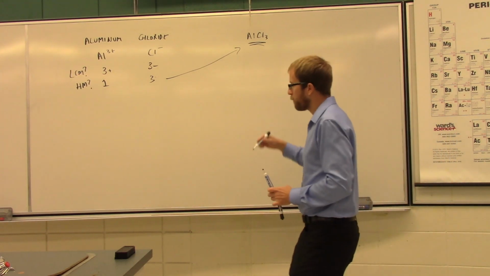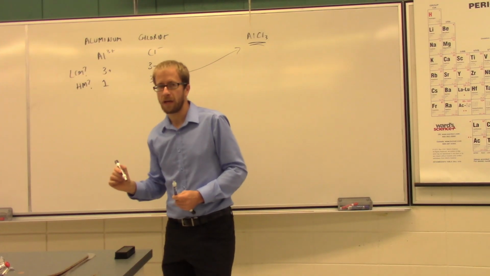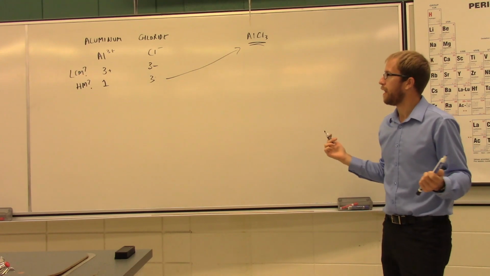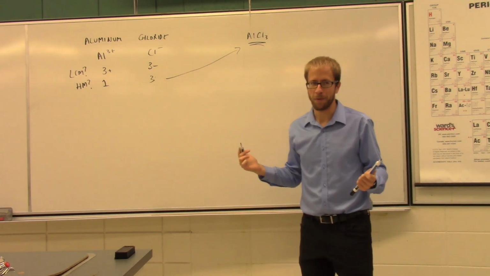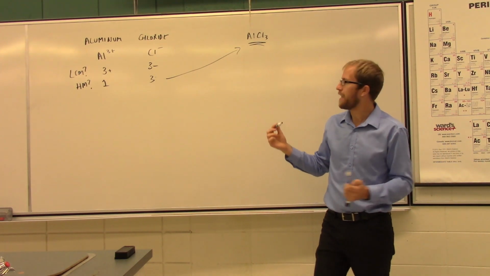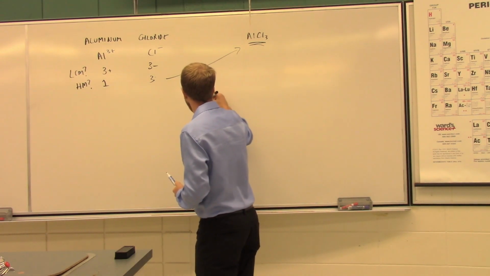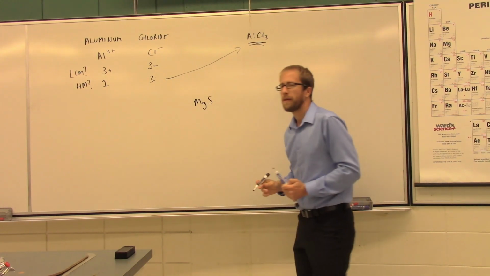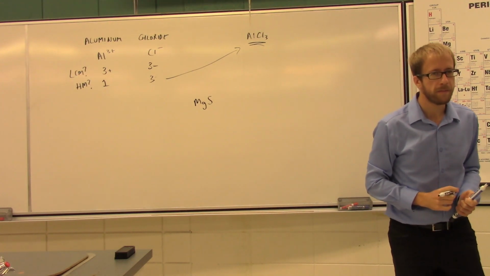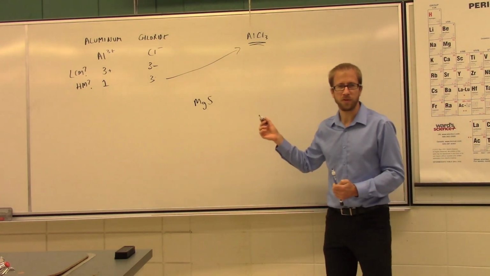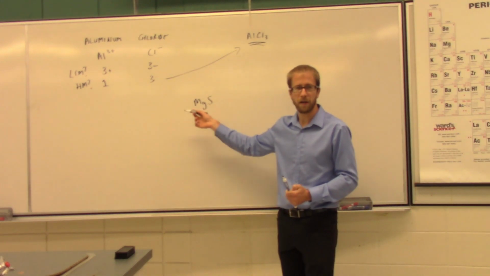Now, if I want to go from formula to name for binary ionic, that should be just absolutely free marks on your test. Because really, what are the rules? If I gave you, for example, let's say this, MgS, what would you call that? Yeah, magnesium sulfide. What were the rules? Do you change the name of your cation?